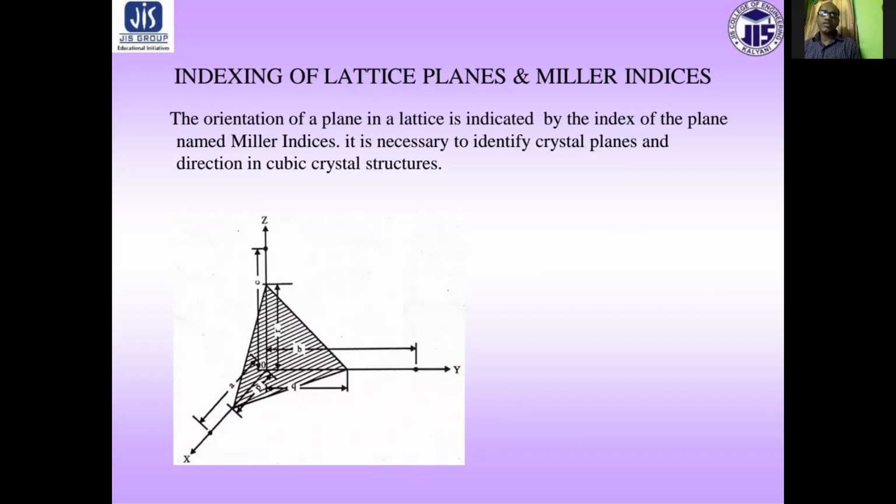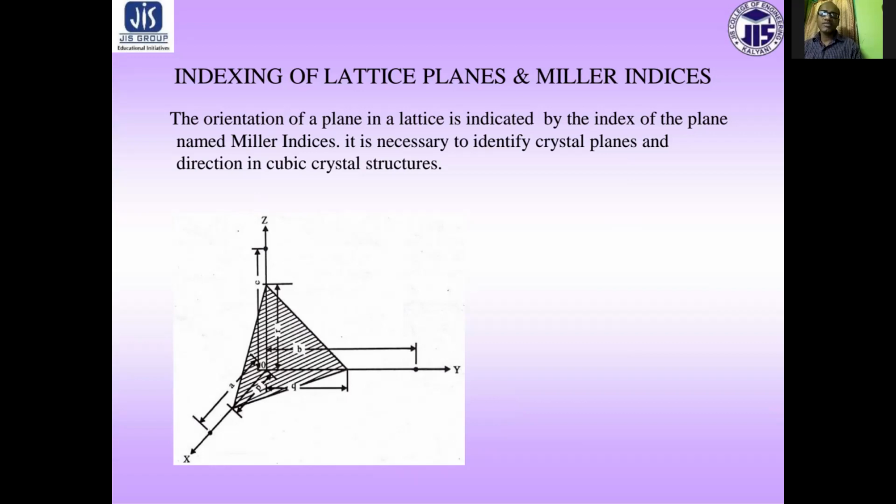The orientation of a plane in a lattice is indicated by the index of the plane. The method of marking this plane symbolically was made popular by the English crystallographer Miller, and hence the indices of the plane are called Miller indices.